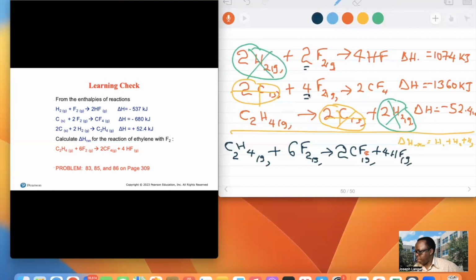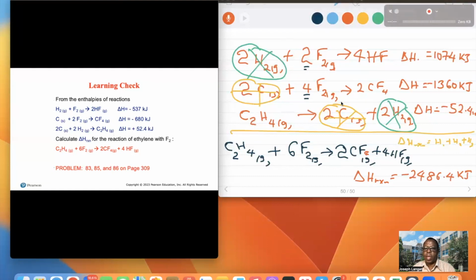And the overall enthalpy change for the reaction is the sum of everything, which is negative 2486.4 kilojoules.